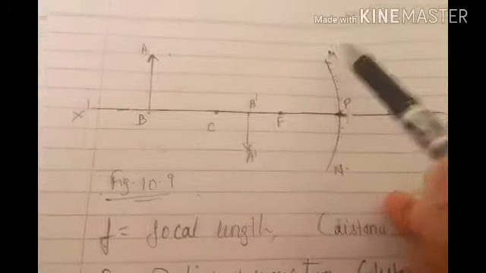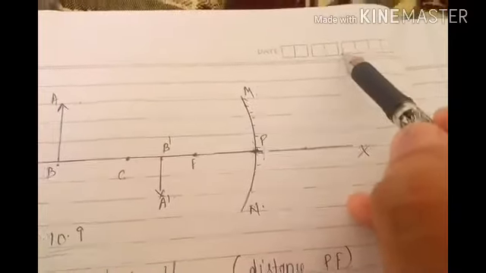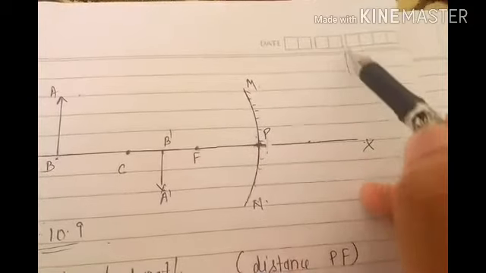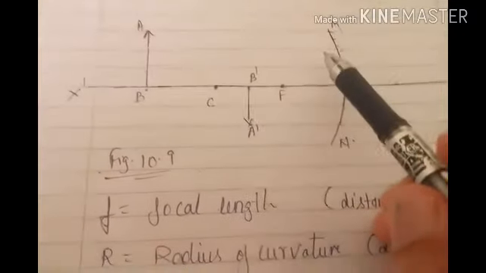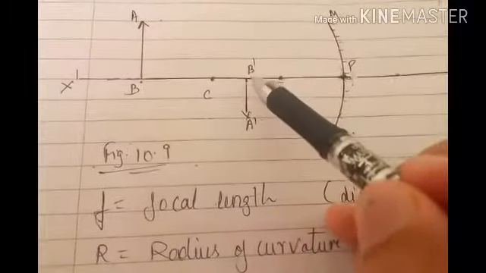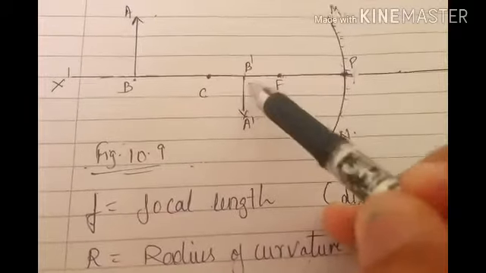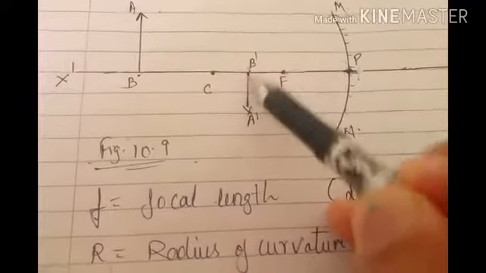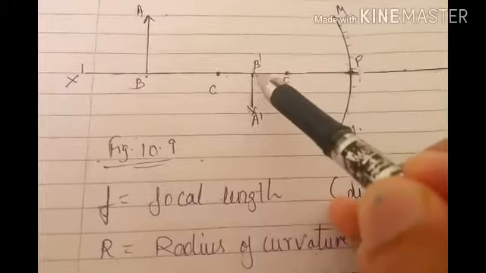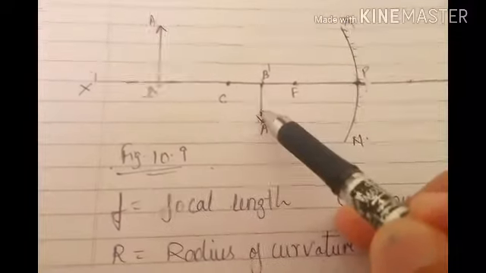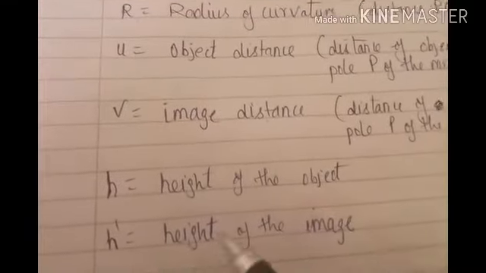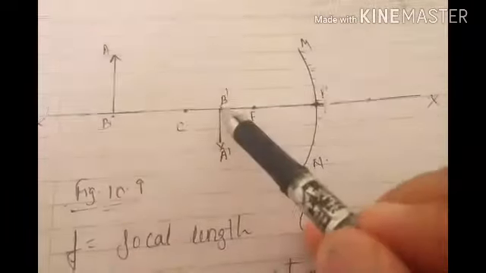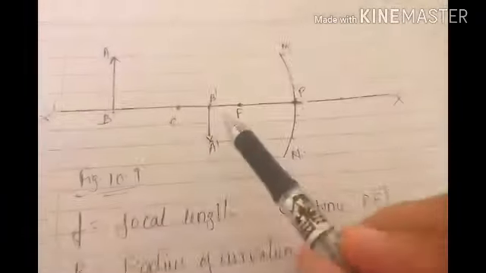We know that when we have a coordinate axis like this, all the above distances are measured as positive. The fifth point says distances measured perpendicular to and below the principal axis are negative. For example, this distance is below the principal axis, from here to here, this is the image. If you are told that the height of the image is 2 centimeter, and the image is inverted like this, then H dash, the height of the image, is equal to minus 2 centimeter.